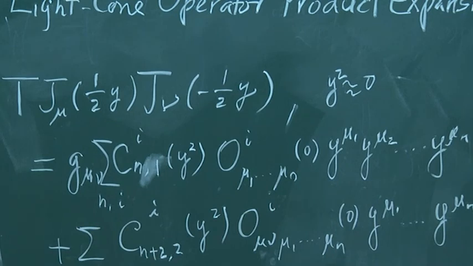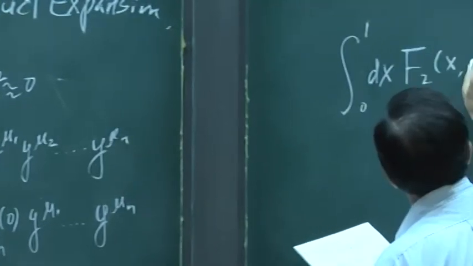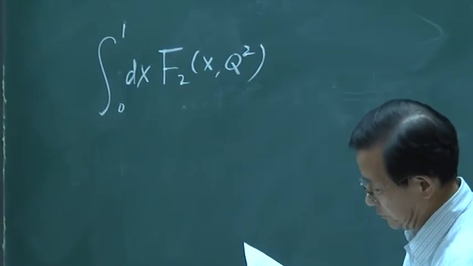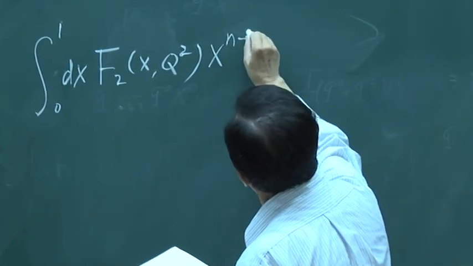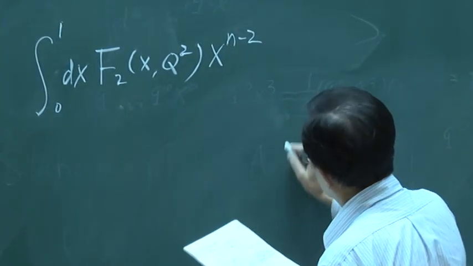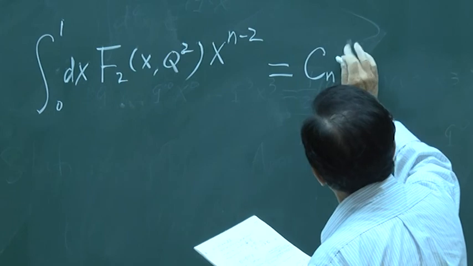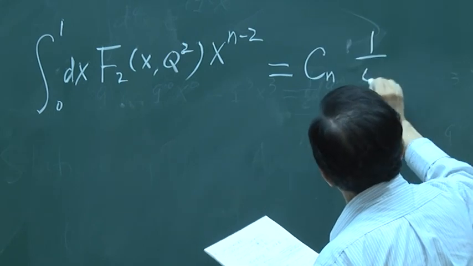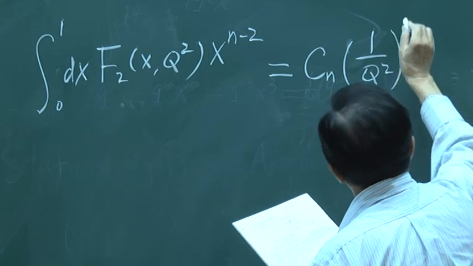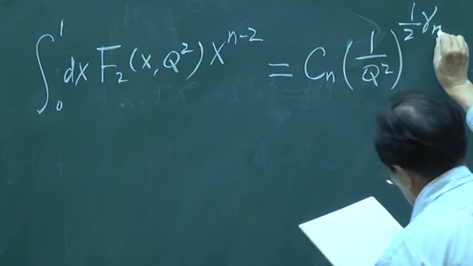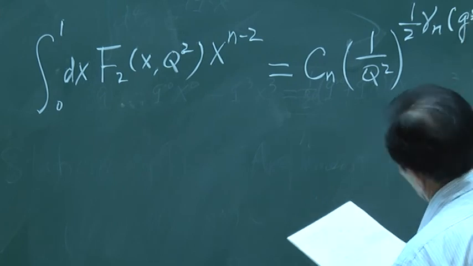Okay, so I'm going to just write this, that the integral dx from 0 to 1 of F2 of x and Q squared. You remember this is some structure function, x to the n minus 2, like this. And then this corresponds to some coefficient C n, okay, some constant, and then 1 over Q squared, and then the anomalous dimension gamma n at the fixed point g star, okay?